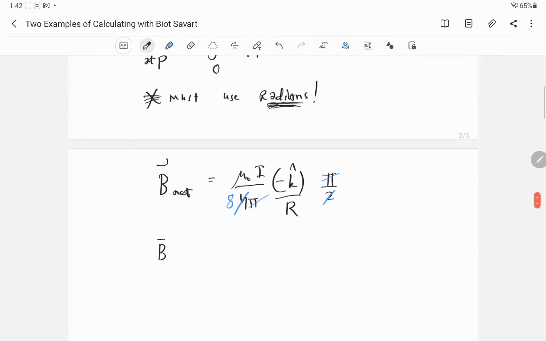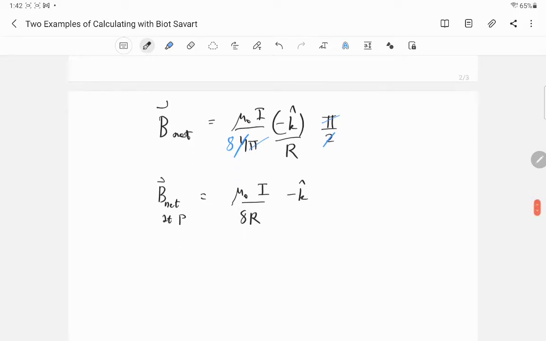So B net at the position P equals mu naught I over 8R, like that, and then negative k hat.